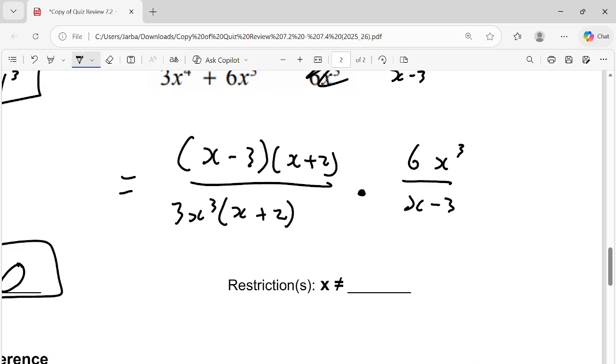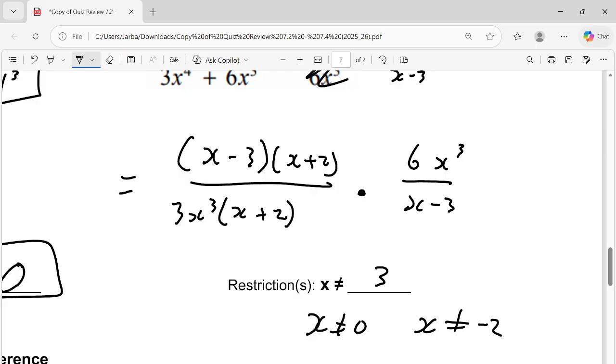Okay. So x is not going to be able to be 3, because that would cause 3 minus 3, which is 0. x is not going to be able to be 0. x is not going to be able to be negative 2, right? Because that would cause 0 there.